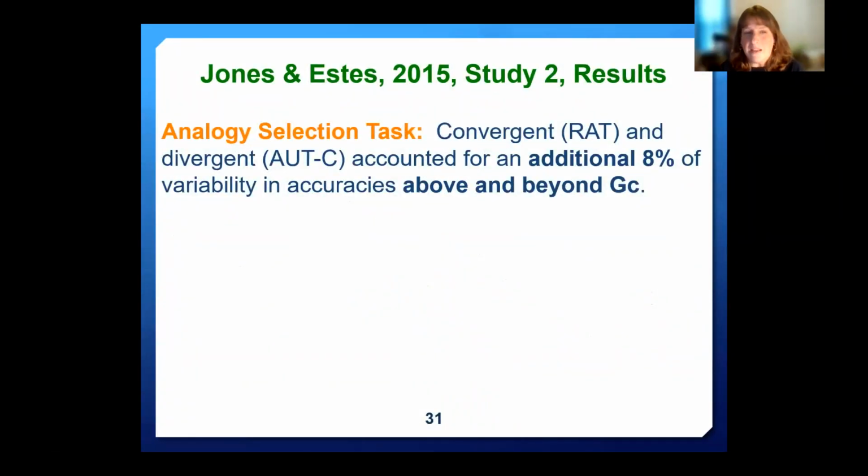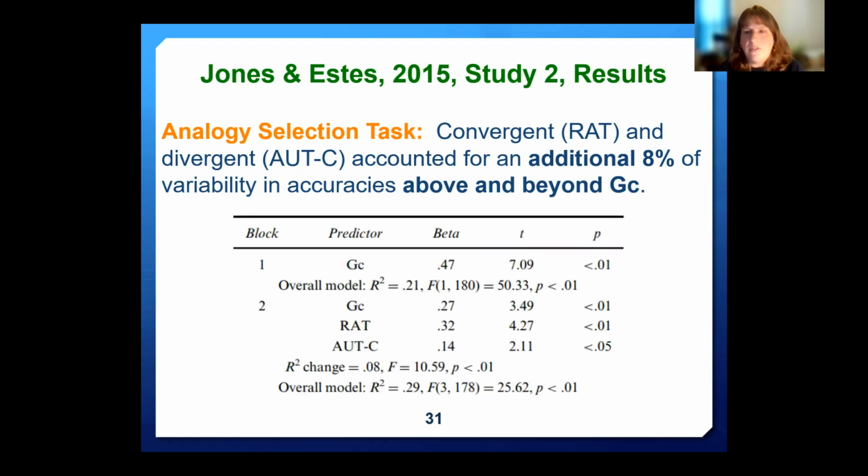And in terms of the analogy selection task, looking at the question of how much creativity predicts analogical performance above and beyond crystallized intelligence, we found that it predicted an additional 8% of the variability in accuracies above and beyond crystallized intelligence, and that all 3 of these predictors remained reliable in that second model there.